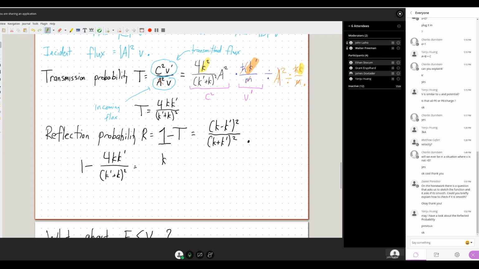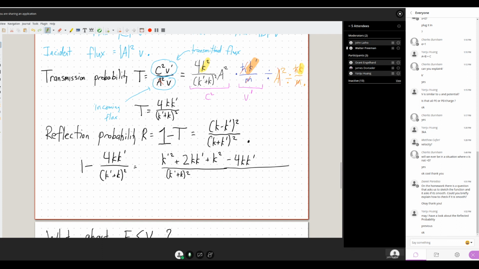So this gets me k prime squared plus 2k k prime plus k squared, all over the same thing, (k prime plus k) squared, minus 4k k prime.